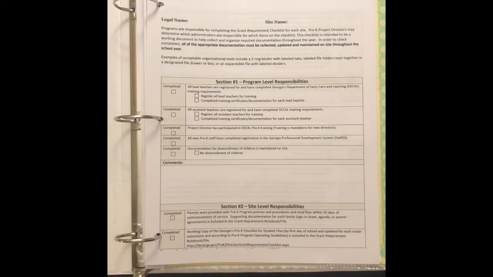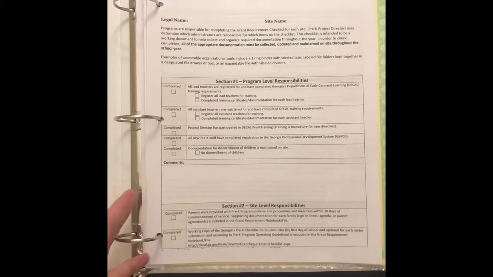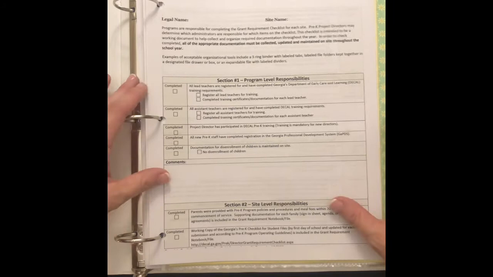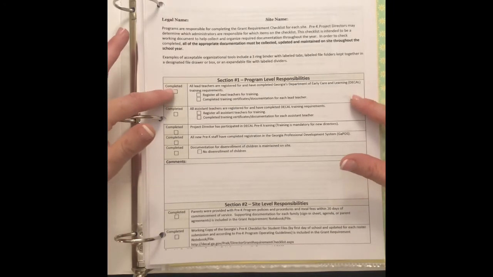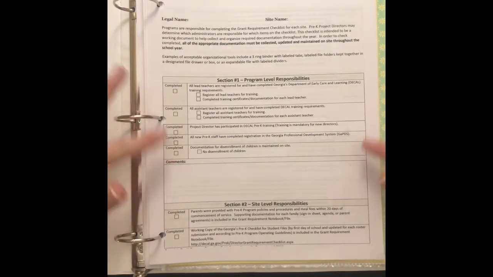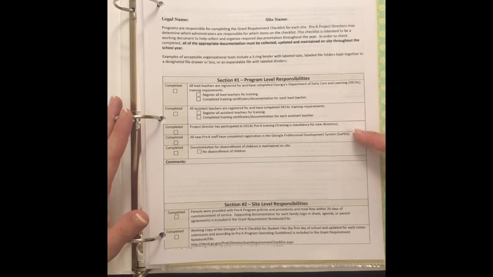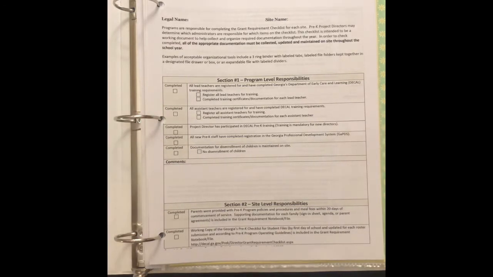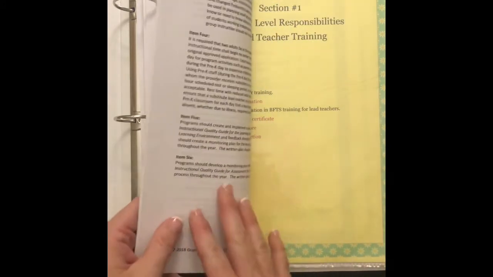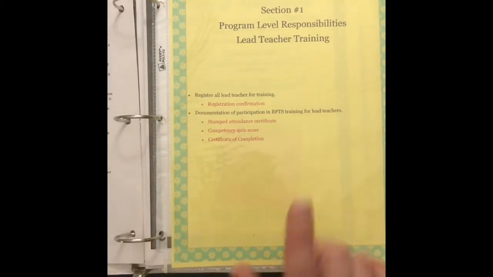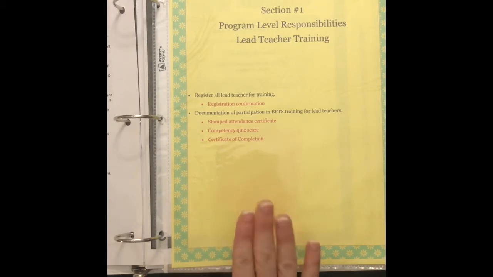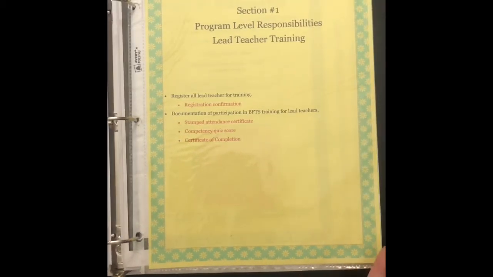Okay? I would also like to point out that when we organize our GRC notebook and accompanying documentation, we're going to organize it in the order it appears on the checklist, and each item is going to get its own individual section in the notebook. I also have available on my Google Pre-K resource portal divider pages that you can use to help you organize your documentation.